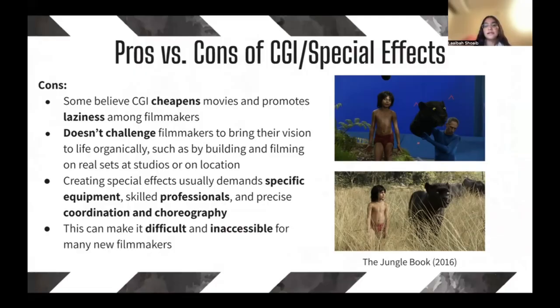And a lot of people didn't like that it was so heavily CGI'd because they felt like it took away from the authenticity of the film and took away from the fact that they even made a live adaptation of it in the first place, since it is adapted from an animated movie that's adapted off of a book. So a lot of people really didn't like that, and the same sentiment can be applied to a lot of different movies, not just that one.